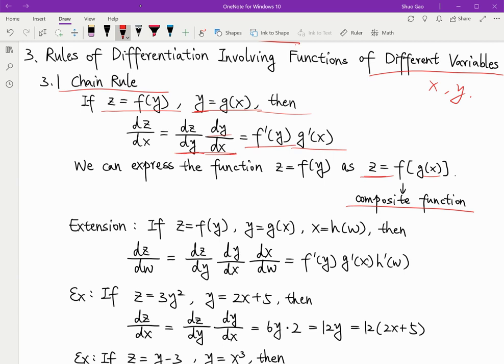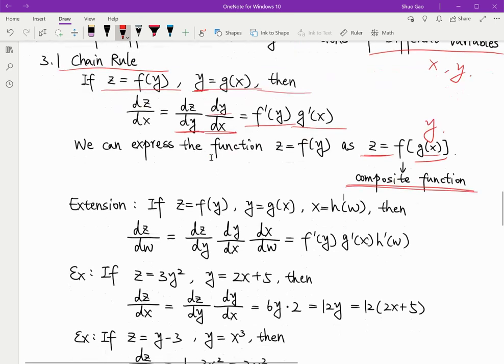So z is f of g of x, since g of x is y. z is a function of y, but y is also a function of x, so we can get rid of y by writing y as the function g of x. So z equals f of y equals f of g of x. This kind of thing we call a composite function, a function of a function.